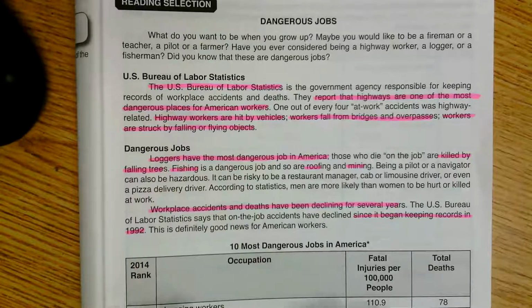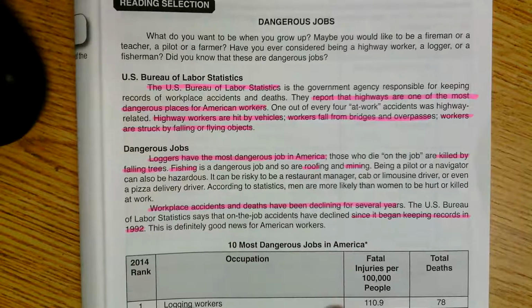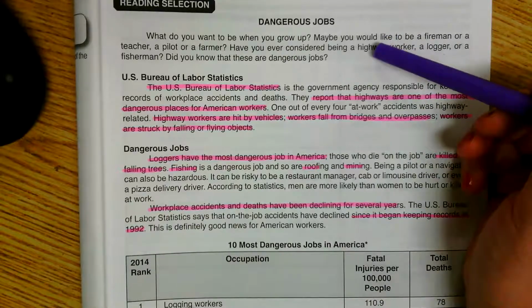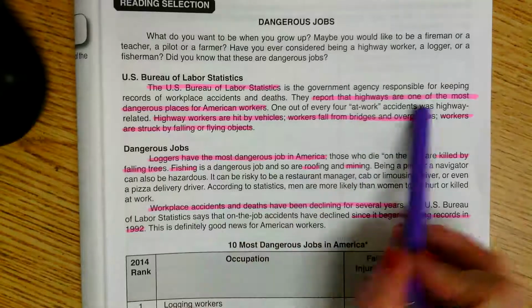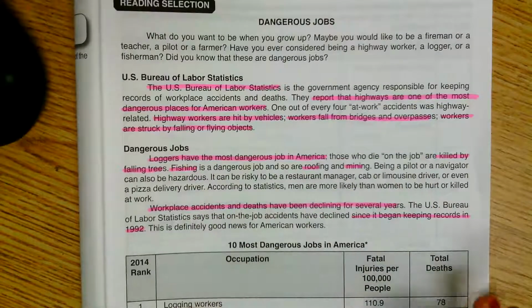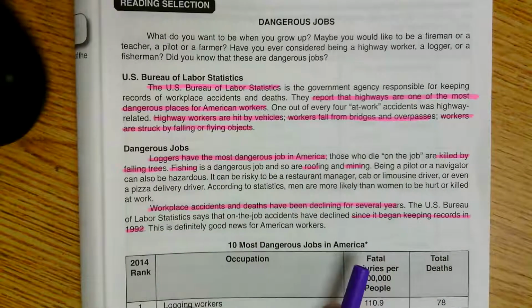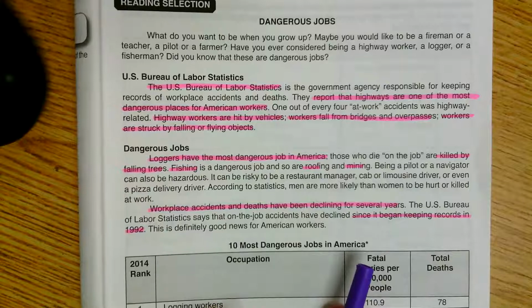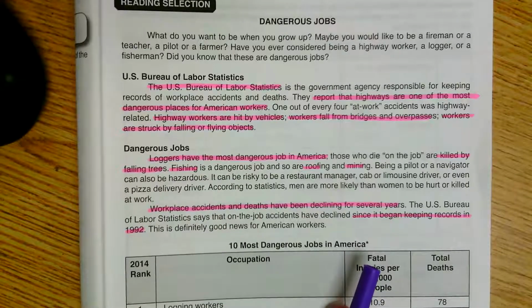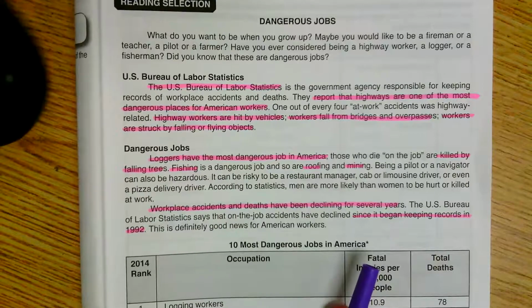So if you look at what I have here in front of you, I have gone through and I've read this short article entitled Dangerous Jobs. If you notice, I have certain parts of the article highlighted. When we're writing an explanatory essay, the whole purpose of an explanatory or expository essay is to explain information on a topic or a subject.